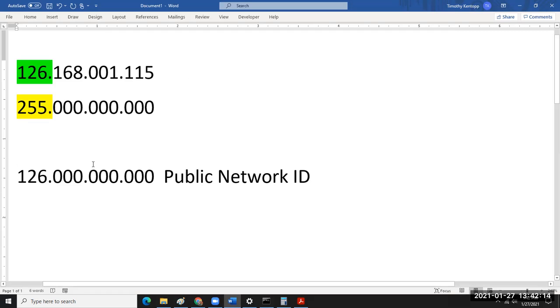That's the public network I belong to, the 126.0.0.0 public network, because I'm using this subnet mask. What is it doing? Does everybody see when I derived the network identity that I took the rest of the zeros here and I used them to fill down here, so that the ones kept this value, but then it filled in these values the rest of the way? Did everybody see what happened here?